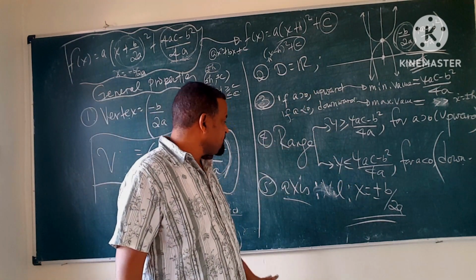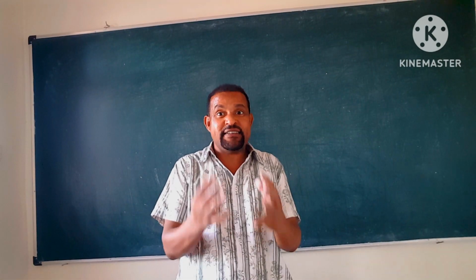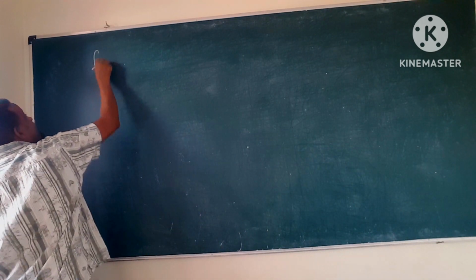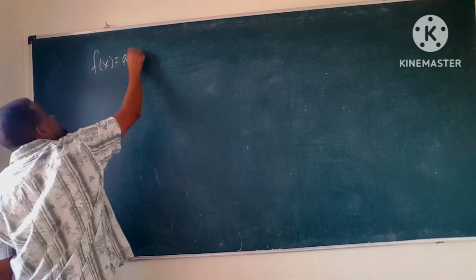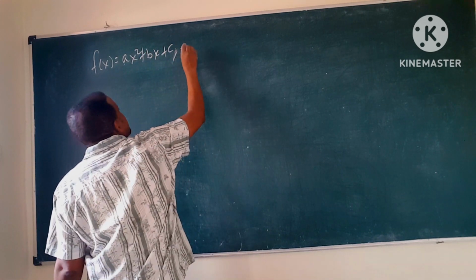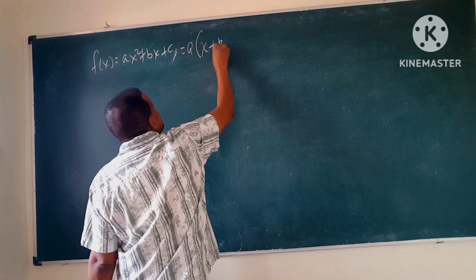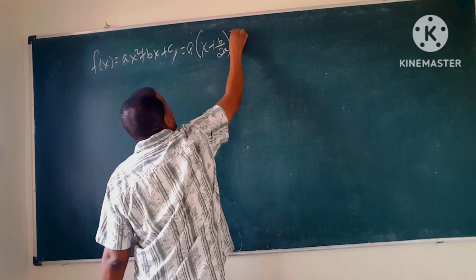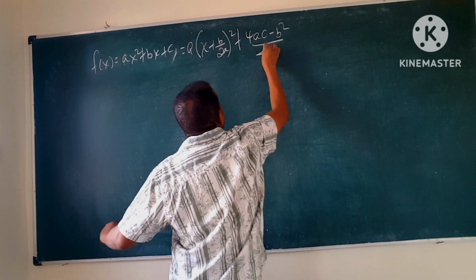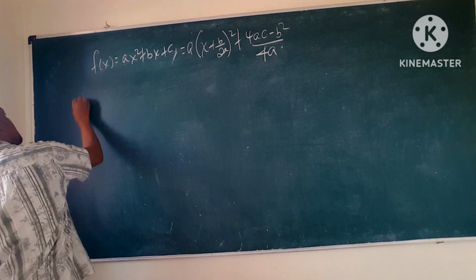Now let's summarize the general formula briefly. Look, the function is ax squared plus bx plus c, which is written in the form a times (x plus b over 2a) the whole squared plus (4ac minus b squared) over 4a.